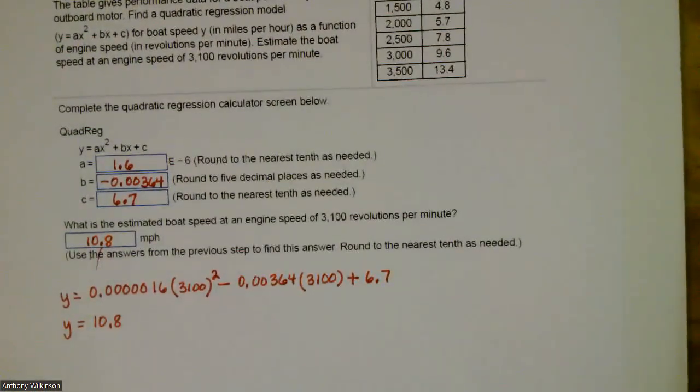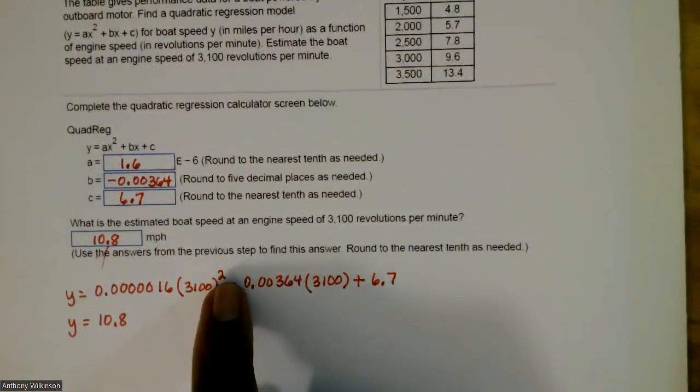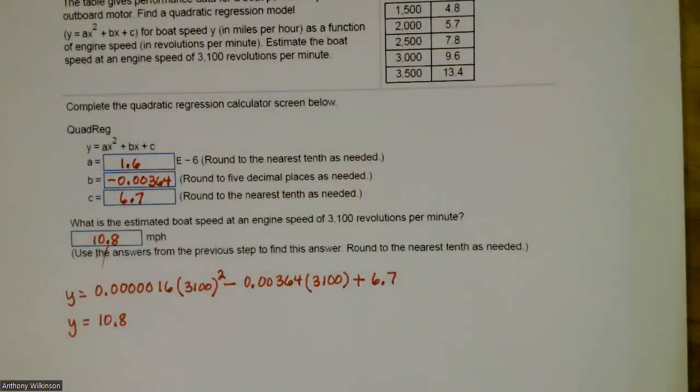So the approximate boat speed at an engine speed of 3,100 revolutions per minute would be approximately 10.8 miles per hour. Okay. So in this case, it was a quadratic, so I ended up forgetting the square. So you have to square that first because it is quadratic.